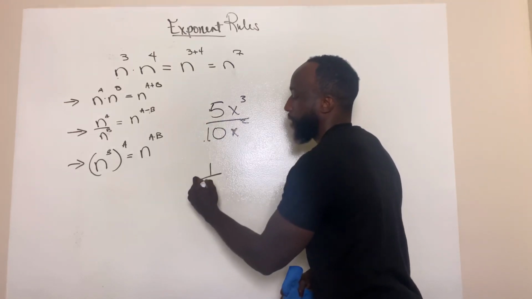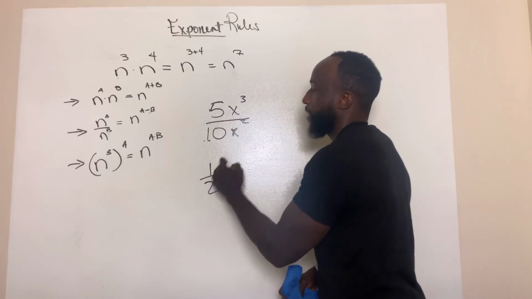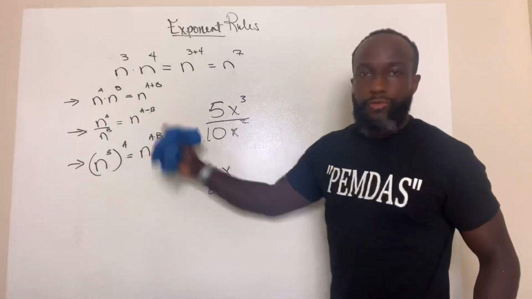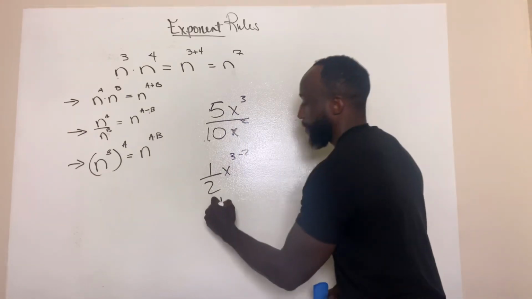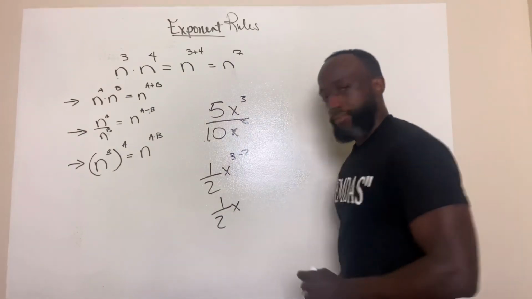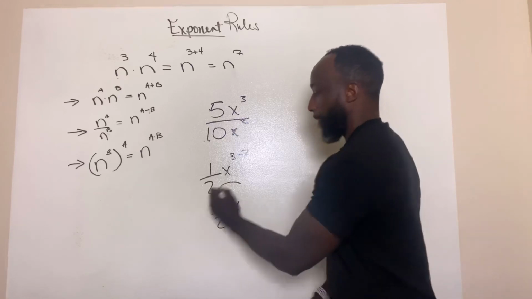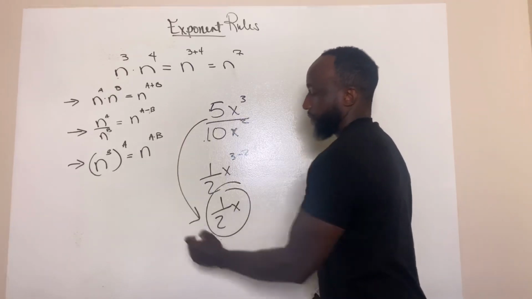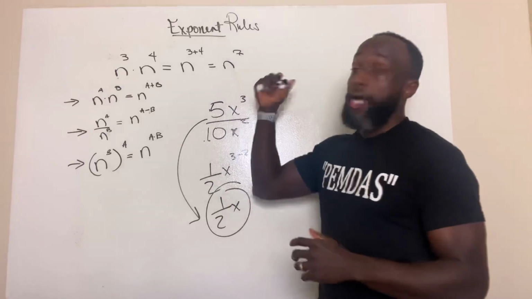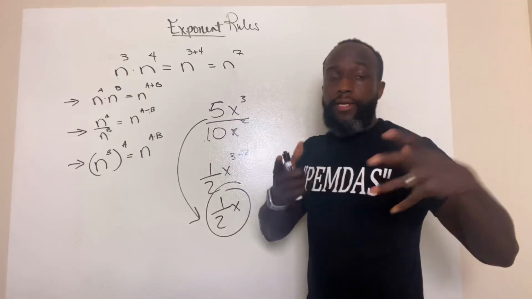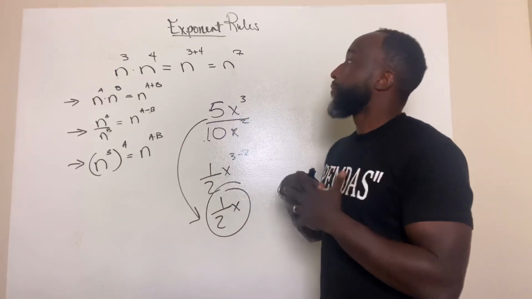You only get 1/2. And then from here, you do the quotient rule, right? So it'll be 3 minus 2, right? So you end up with 1/2 x, because 3 minus 2 is 1. This is that, okay?